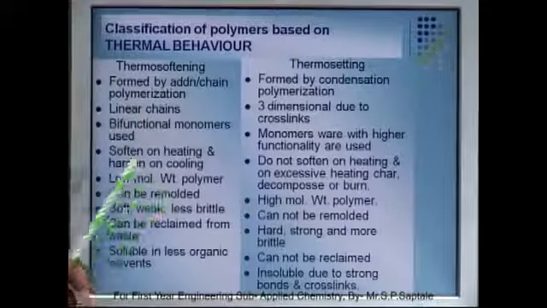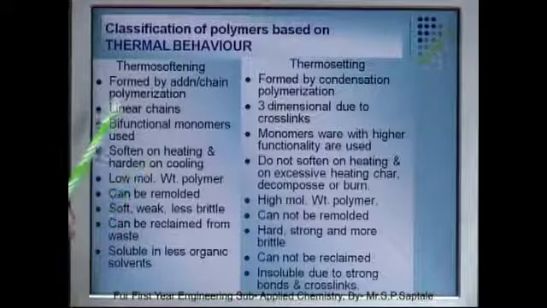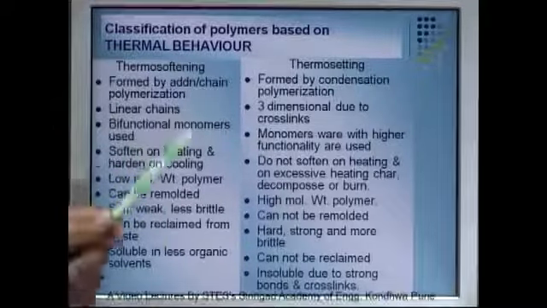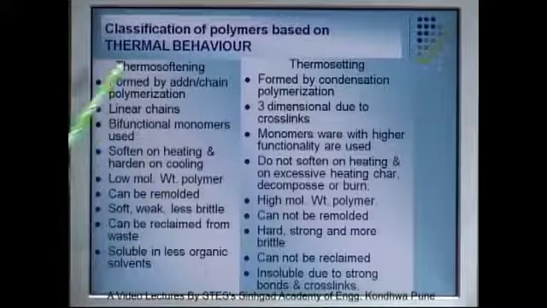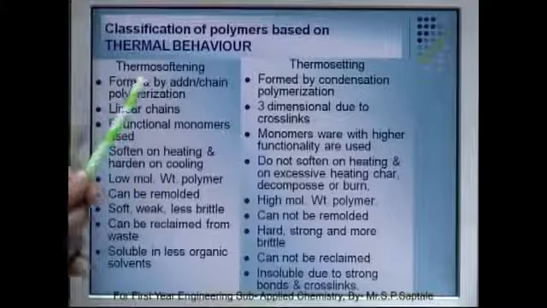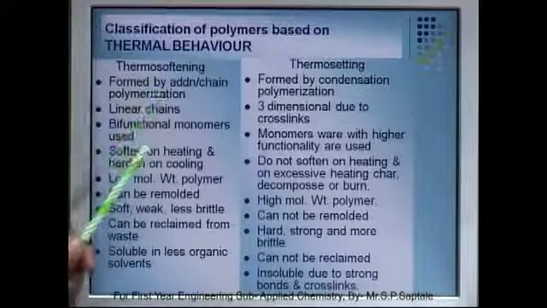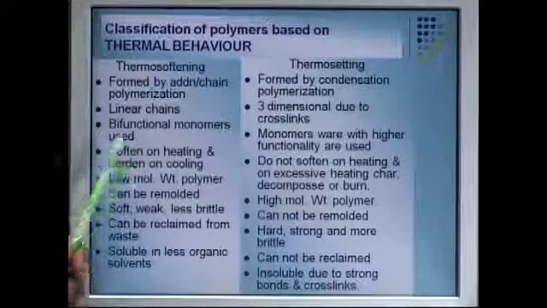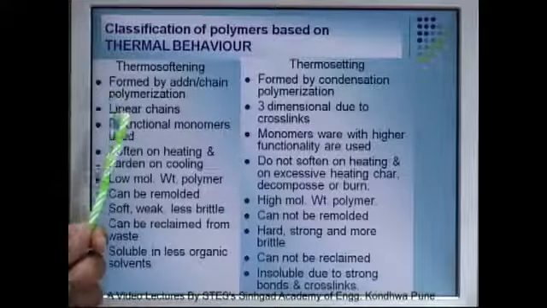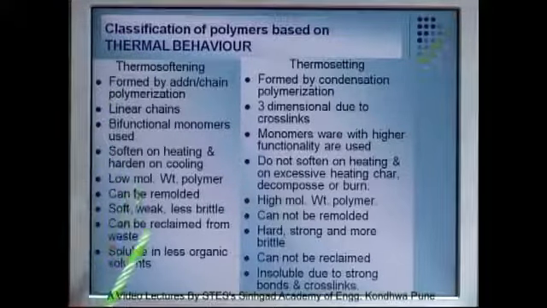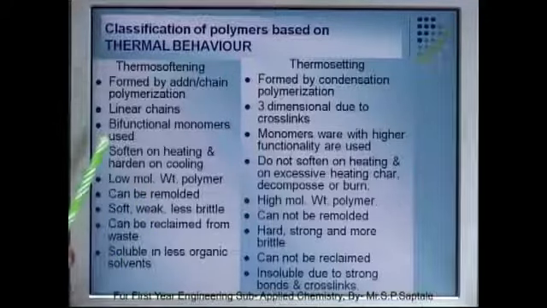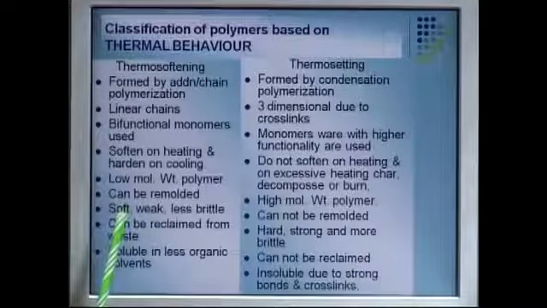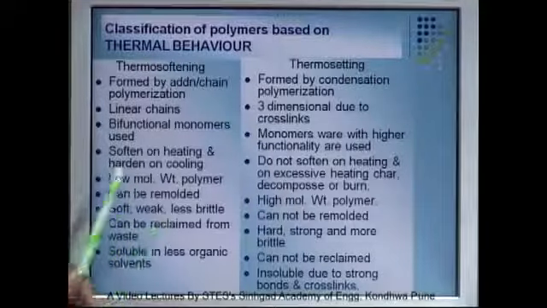Once heated, they can again be put into any desired mold and shaped, but do not heat above the decomposition temperature. That's why these thermosoftening polymers have resale or scrap value, and they are soluble in organic solvents. Examples of thermosoftening polymers are polyvinyl chloride, polyethylene and polystyrene. These are a few examples.